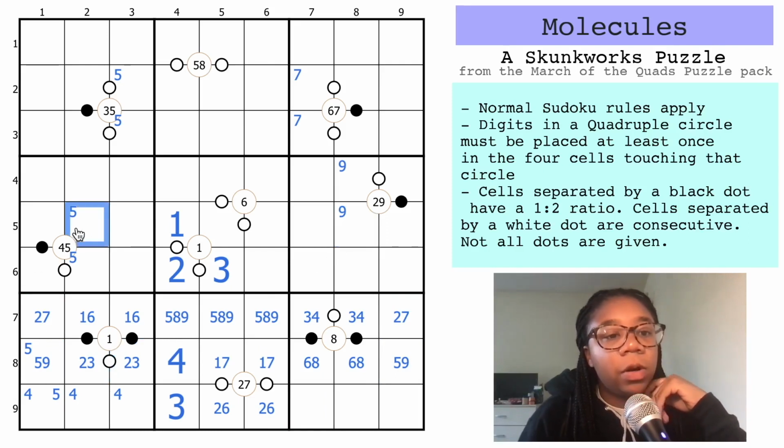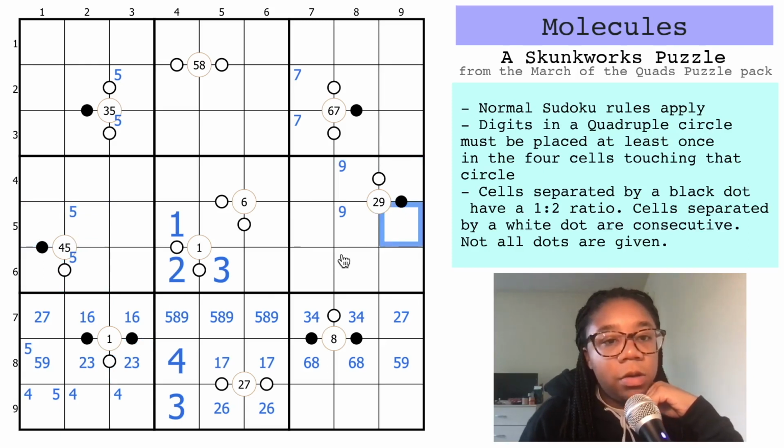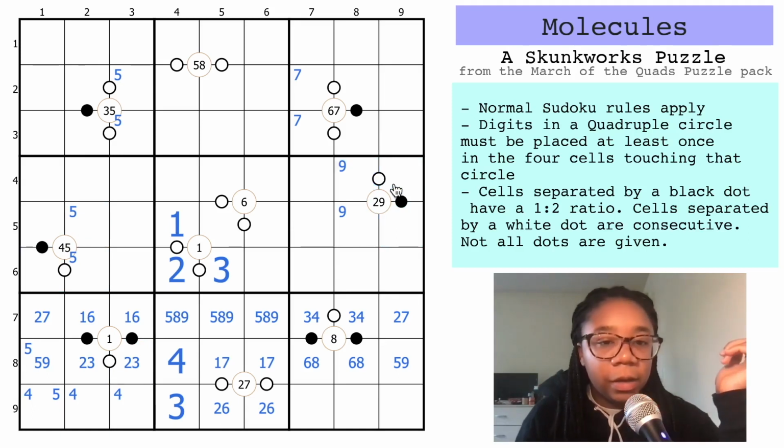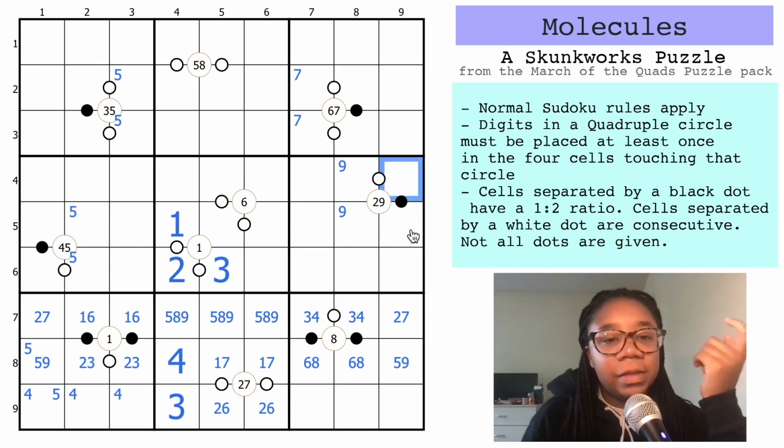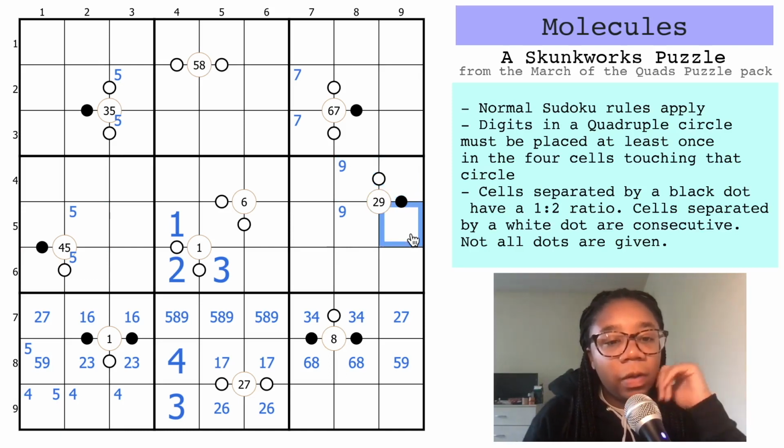I think I'm going to want to work in one of these two next. So let's try over here. If I put, let's say I put a 9 here, if it's consecutive with something, like I could put a 9 here, and then it could be 8, and that could go with 4, that works fine.